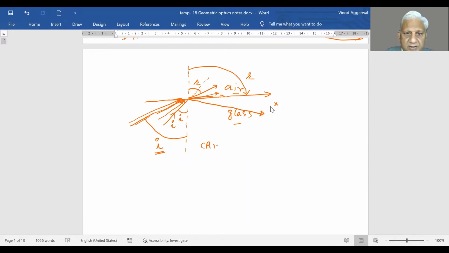So what is the critical angle? The critical angle is the angle of incidence for which R becomes 90 degrees.